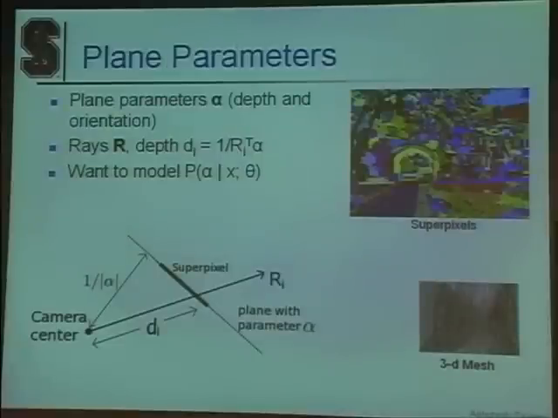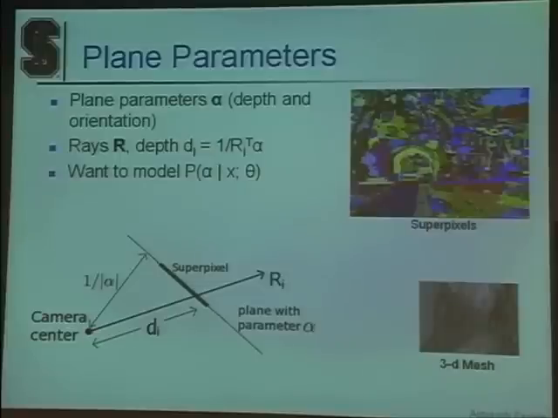All right, now what do we want to infer? We want to infer the plane parameters. The plane parameters tell you the depth and orientation of the image. Remember, to represent a plane in 3D, you need 3 values to estimate its complete position and orientation. And those values are called alpha.